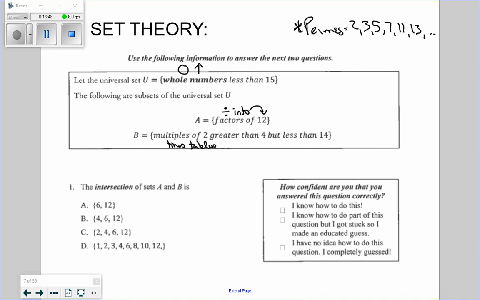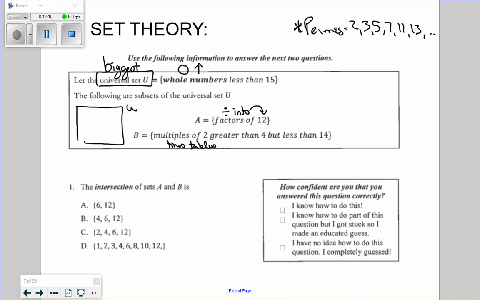If I am given a definition, I usually always write what it actually is. Remember the universal will always be your biggest set. If we think in terms of a Venn diagram, the universal is the big, all-encompassing set.